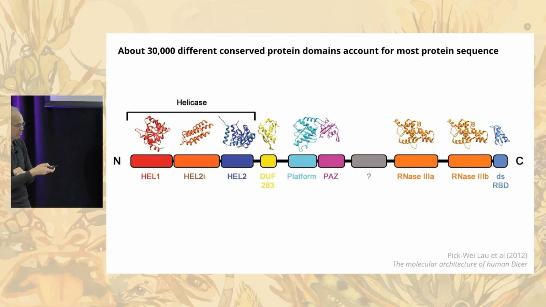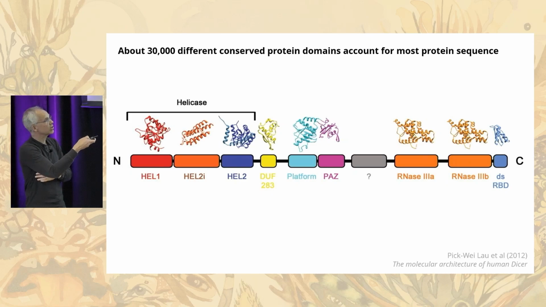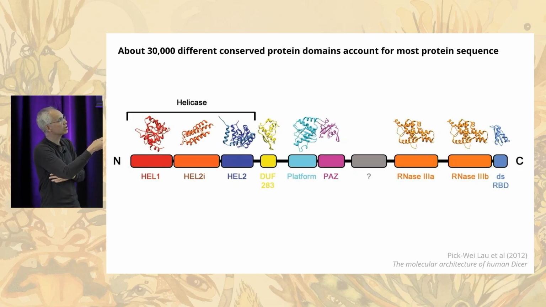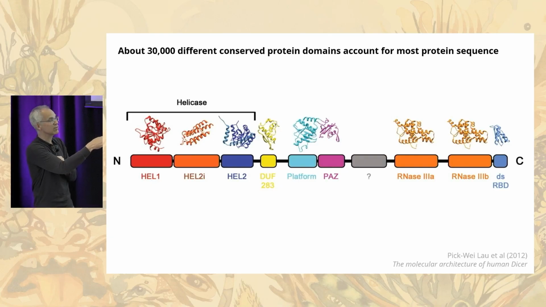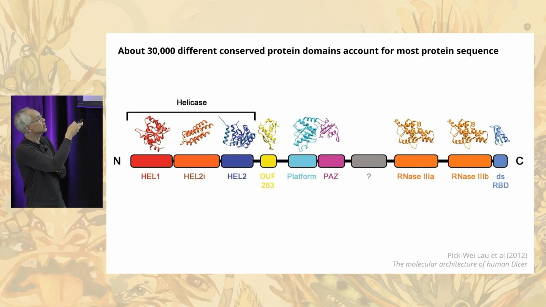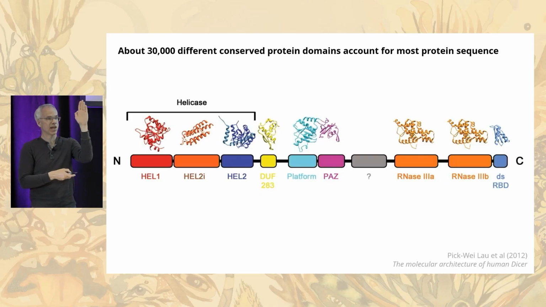And so, for example, a molecular biologist can walk through this protein and say, oh, it's got a kind of domain that's involved in cleaving double-stranded RNA. It's got a kind of domain that's involved in binding double-stranded RNA. It's got a kind of domain that's involved in unwinding double-stranded RNA. And it's got some stuff that looks suspiciously able to do something with single-stranded RNA.